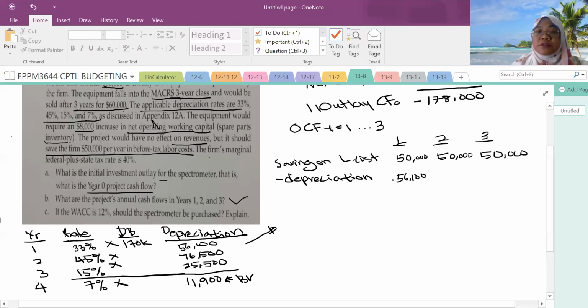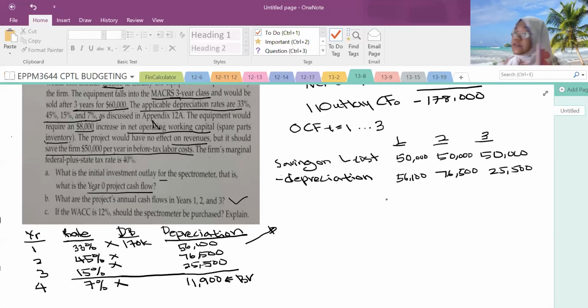Second year we'll have 76,500. Third year we have 25,500. So what do you think happened to the company's EBIT? Surely, you can see that the first year we record a negative EBIT.